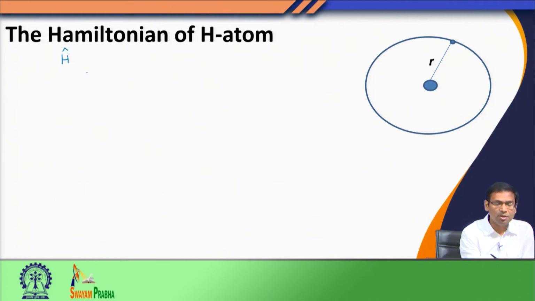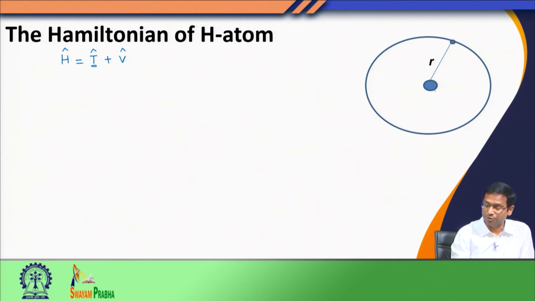If I have to write down the Hamiltonian of the problem, I know the Hamiltonian is the energy operator, which has two components, the kinetic energy component and the potential energy component. The kinetic energy operator would now come from two different systems.